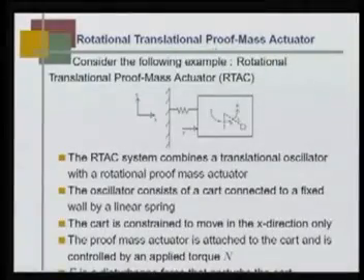Before that, I will explain one physical system on which we will be applying this. This is called the rotational translational proof mass actuator. You can easily see this is my rigid surface, to which a cart is bound using a spring, and inside the cart there is a pendulum which rotates by the action of a torque N. The pendulum link length is L, and there is an external disturbance F applied on the cart.